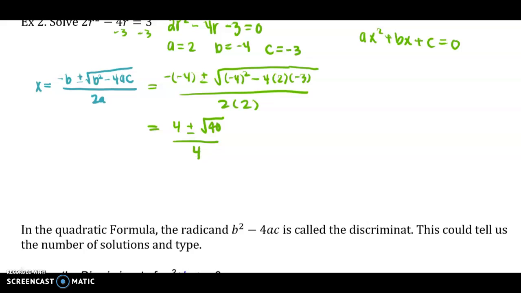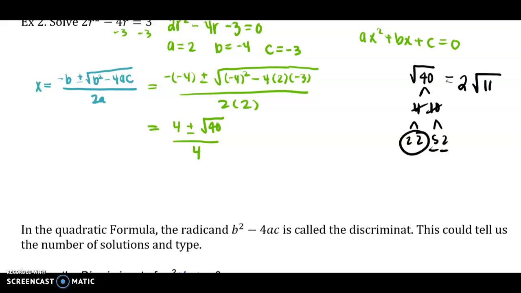And then afterwards, the square root of 40, we're going to go ahead and do that on the side and simplify it. So that's going to give you 4 times 10, 2 and 2, 5 and 2. And so here's a pair, and this is what's left over. So remember, what has a pair goes on the outside, and what's left over stays on the inside. So this is what we get: 4 plus or minus 2 square root of 10, all over 4.